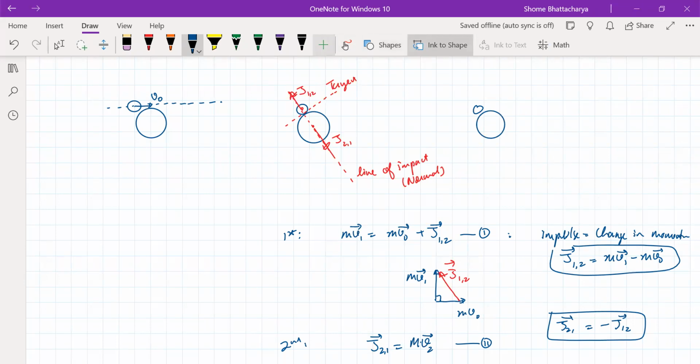So that is why, in the final picture, the second one goes off along this direction, along that center to center line, whereas the first one goes off in this direction.